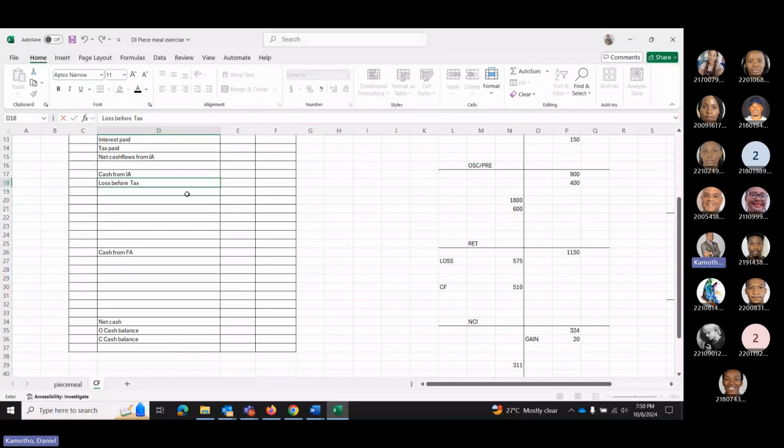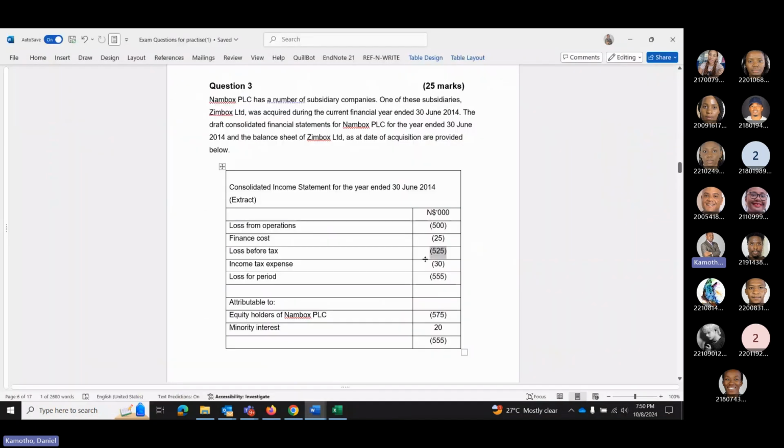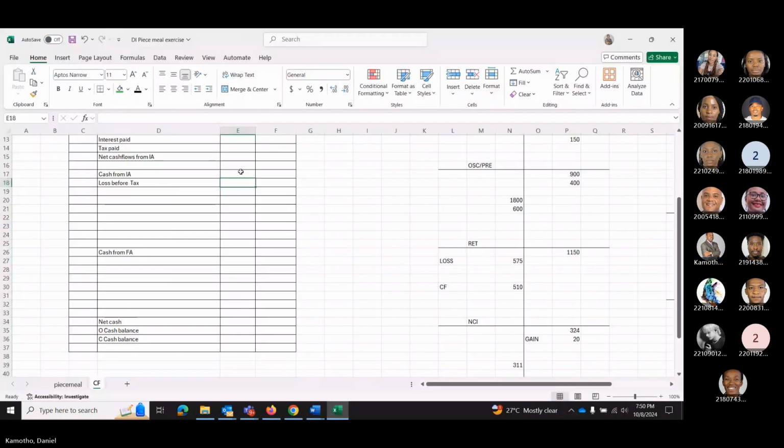And this one, we know what the figure is? 525. So it's an outflow, it's a loss. So I've put a minus, and I want to put the minus as a bracket, because if you put 525, it looks like an inflow. Yes. Should it not be under operating, cash from operating?